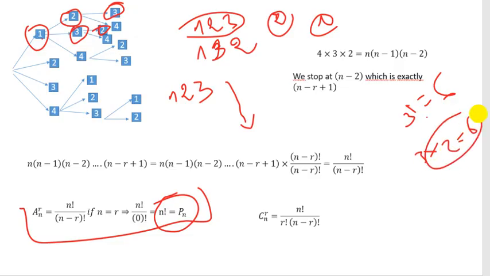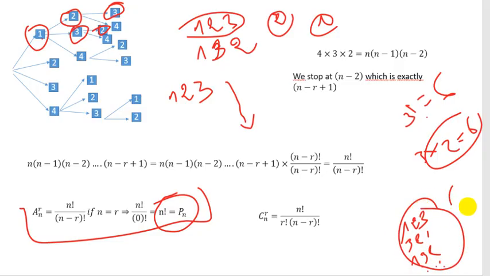I have 6 ways to arrange these numbers, like this, and so on. So we have 6 ways. But here, if I say that the order doesn't matter, all these 6 ways become only 1.